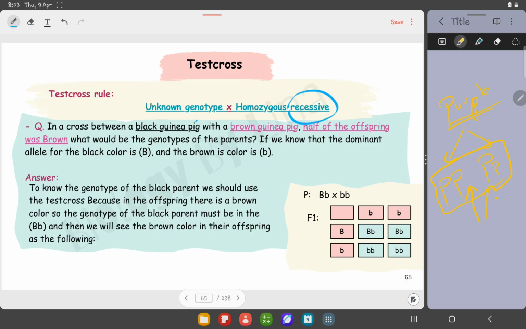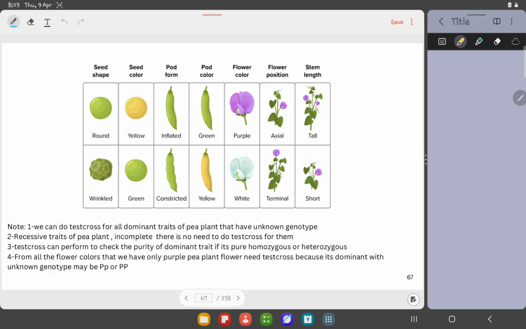Usually we can do the test cross for any of the Mendelian genetics, the complete dominance. For example, for the flower of the pea plant, we said we have purple and we have white. For which one can we perform the test cross?